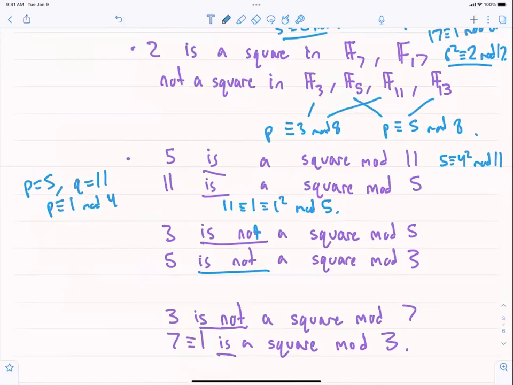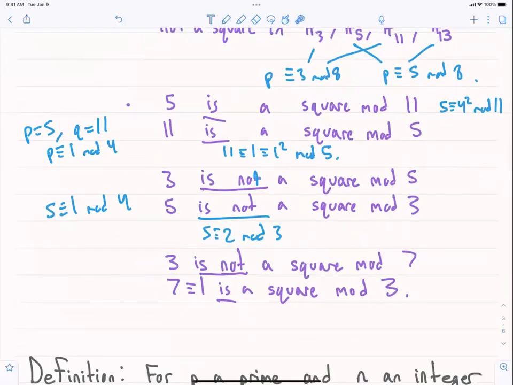And 5 is not a square mod 3, because 5 is congruent to 2 mod 3, which is not a square. The only squares mod 3 are 0 and 1. So good, again these match up. 3 is not a square mod 5, and 5 is not a square mod 3. So you get the same answer. And again, the reason we expect to get the same answer is because 5 is congruent to 1 mod 4. We're supposed to get the same answer whenever at least one of these is congruent to 1 mod 4.